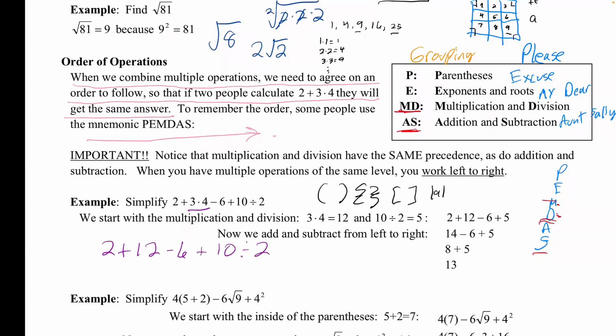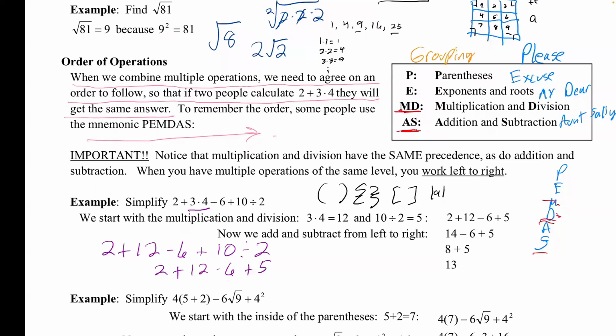Now I'm going to repeat the operation. I'm going to look and say, okay, have I finished multiplication and division? No, because there's division right here. And so now left to right, I'm going to check it. And I'm going to say, okay, that's 10 divided by 2. So I have 2 plus 12 minus 6 plus 5.